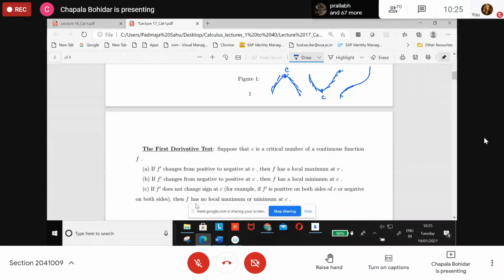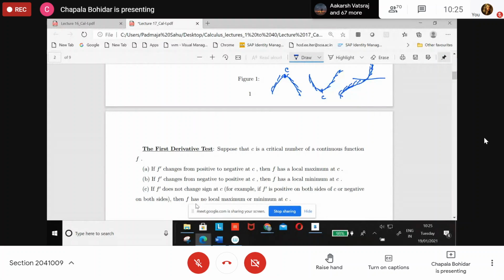If your curve is like this, on both sides all the slopes are positive, so the derivative of f is positive. So here we have neither a local maximum nor a local minimum.